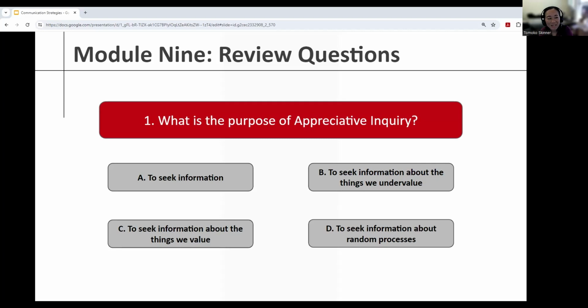Type in the chat box, what is the correct answer? A, B, C, or D? Okay, we have a C here. Anyone else? Anyone? Okay, well, C is the correct answer. Appreciative inquiry can be defined as the act of seeking information about the things that we value.